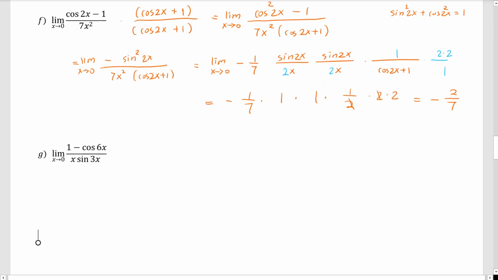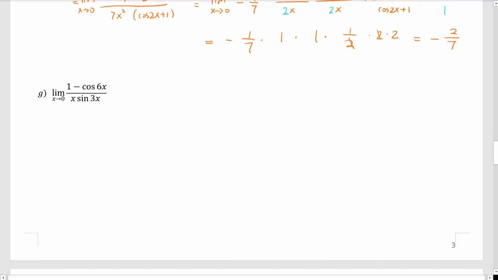Okay, for G, I hope you can pause the video and try to work on this problem on your own first. Have you done? Let's check our work. So 1 minus cosine, well, difference. So you think about its conjugate, right? So it's going to be 1 plus cosine 6x.